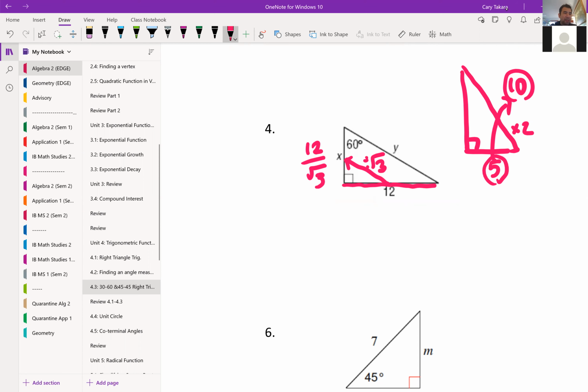It's 6.928, right? And now that you figure out the short leg, you can double to get to the hypotenuse. Again, the short leg and the hypotenuse is double half.